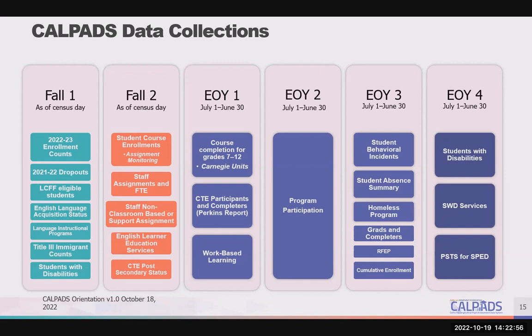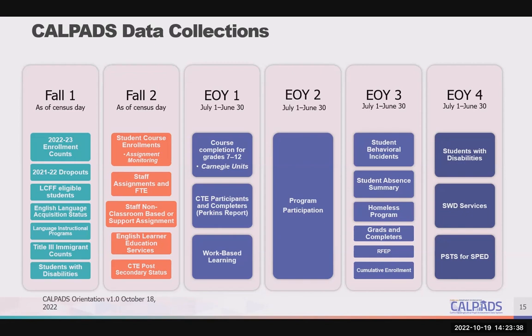Credentialed staff providing instruction or services, in addition to those teaching classes, and all other certificated staff employed on Information Day are counted, including teachers and non-teaching assignments, administrators, and pupil services staff, such as school psychologists, librarians, assistant superintendent, principal, and director of curriculum. English learner services for English learners based on teachers' authorizations are also identified. And then we have the Career Tech Ed, CTE, post-secondary surveys for Perkins 5 reporting.